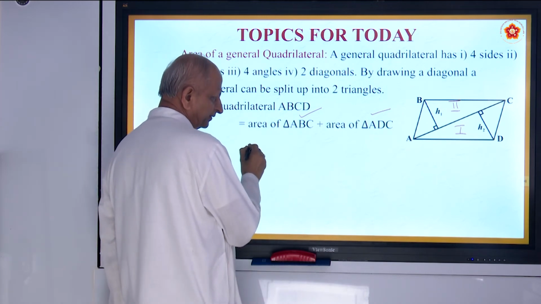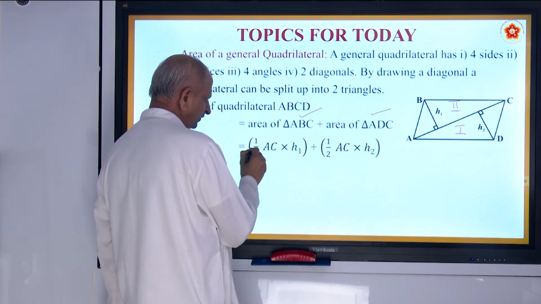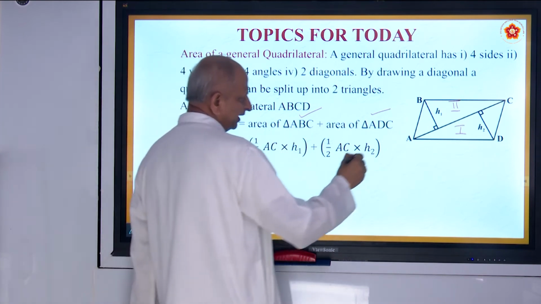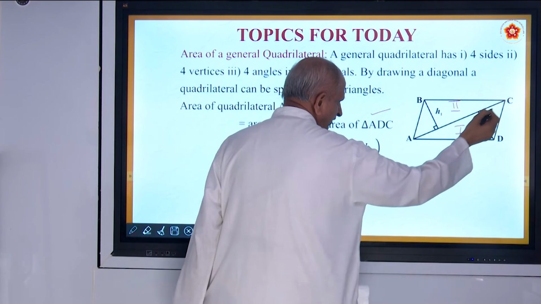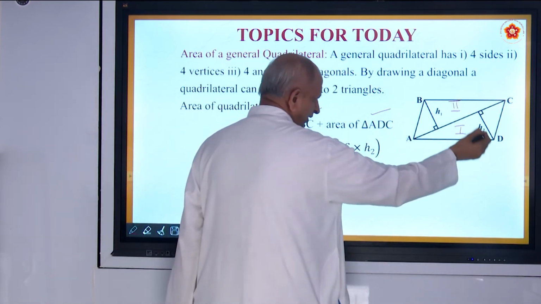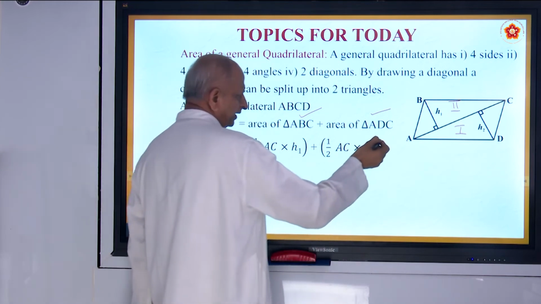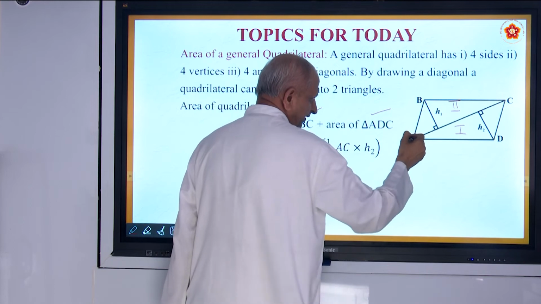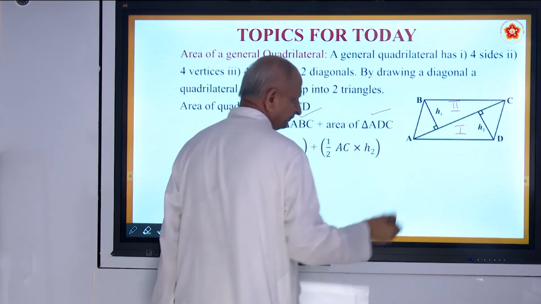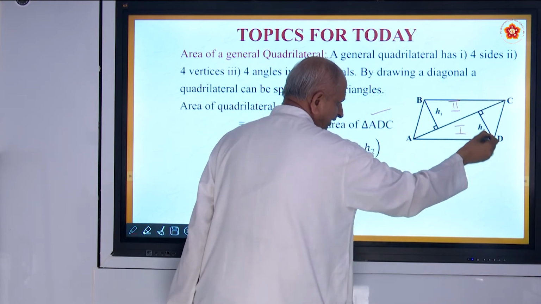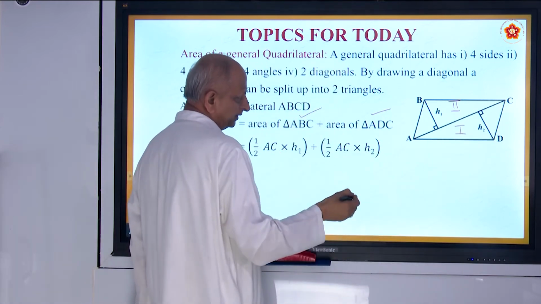What is the formula for this? This is half of, ABC standing on this AC. Half of AC base into height H1. And ADC means this is ABC. AC is the base, H1 is the height. In triangle ADC, AC is the base and this one is the height.